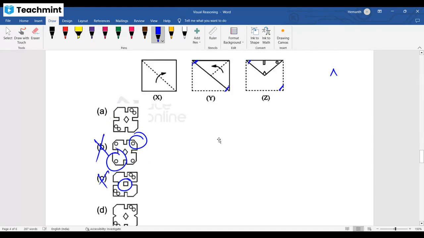Next one, among A and D, if you have a close observation, which is the problem? Is it A or D? Two circles, okay, that's fine. Among A and D, that center left, right and left only. Center, right and left is different. When you unfold this above one, whatever is there, that will come to here. It's like this only, not like this.